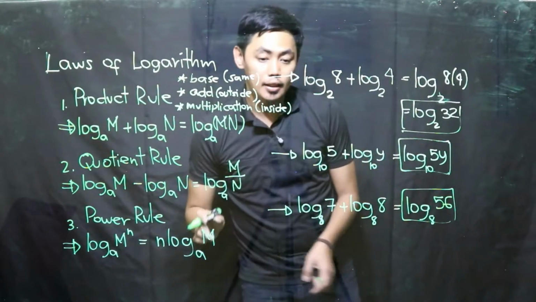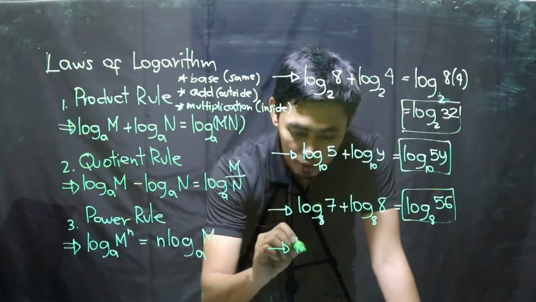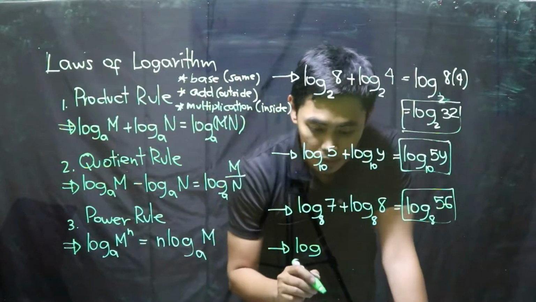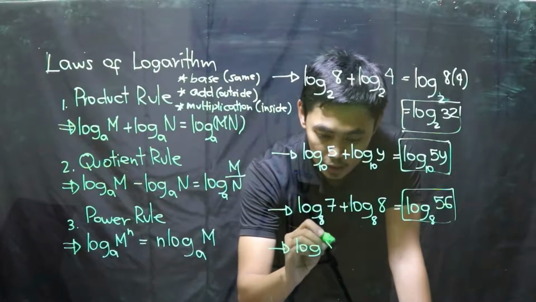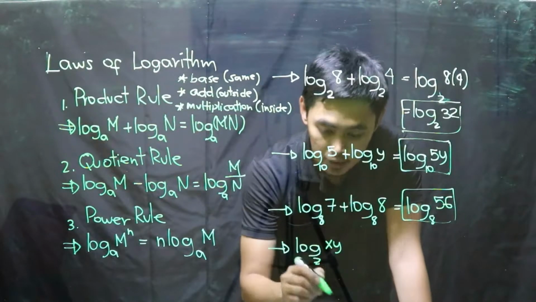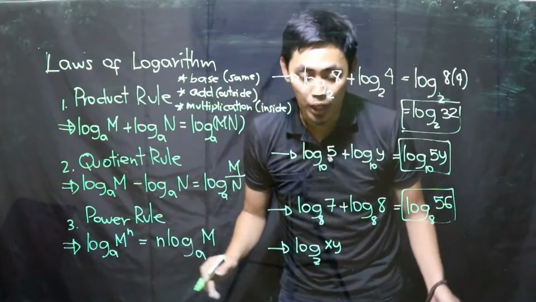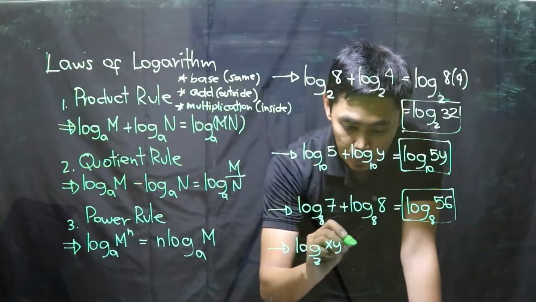So what if I reverse it? What if I give you logarithm of xy base z, and you will need to expand it? Expand means break apart. So this is just simple.